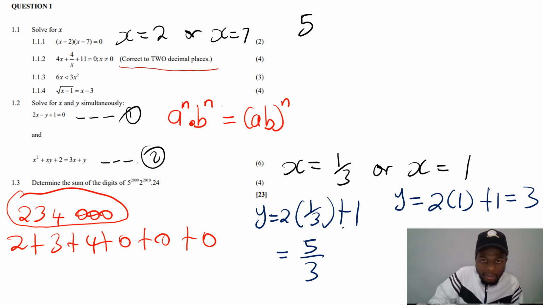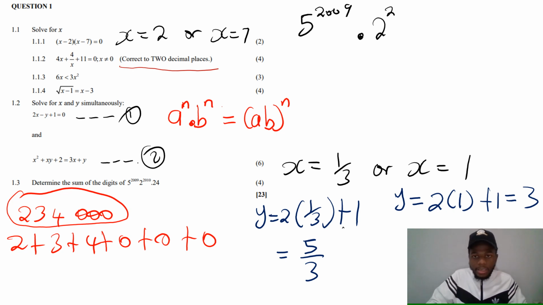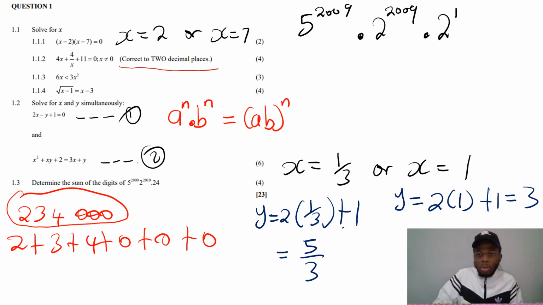So check, we're having 5 to the exponent 2009 and then multiplied by 2 to the exponent 2010. Okay, let me split 2010 to be 2009 and then multiply by 2 to the power 1. Because if I add these exponents, they will still give me 2010. I just split that 2010.